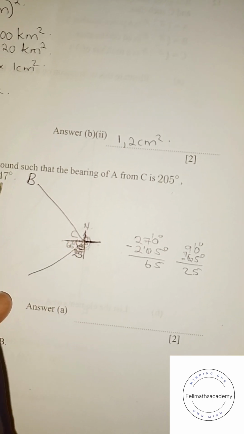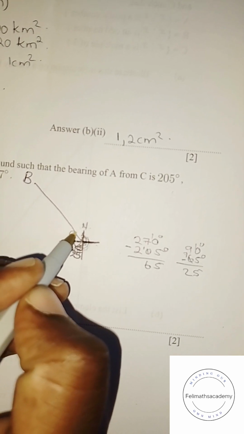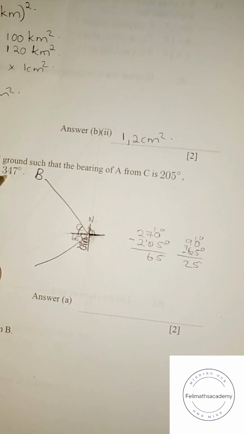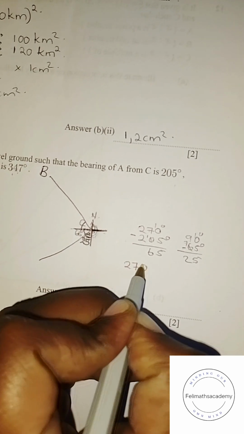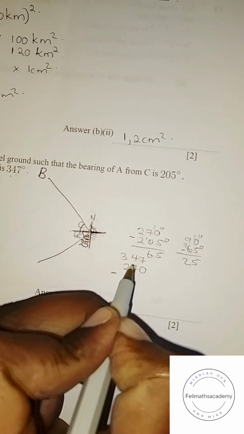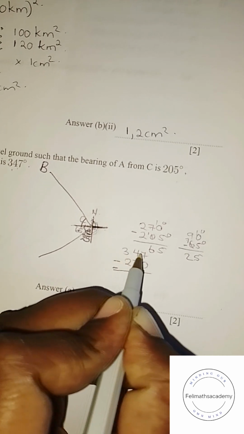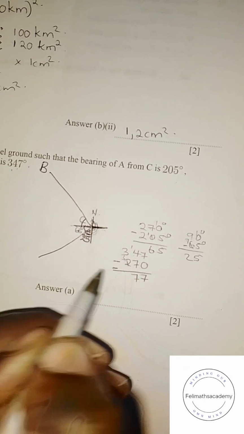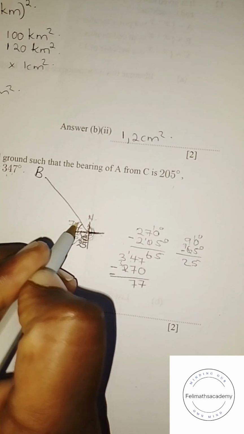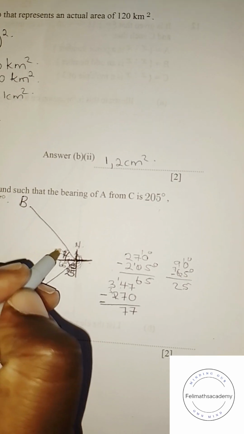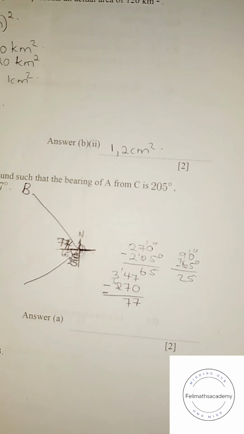To get this angle, we subtract 270 from 347. 347 minus 270. 7 minus 0, it's 7. 14 minus, it's 7. So it's 77 degrees. So our angle there is 77 degrees.